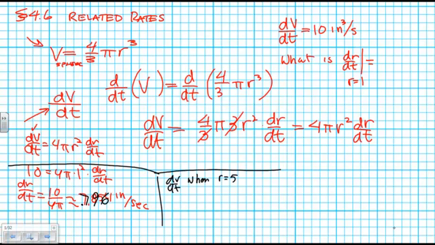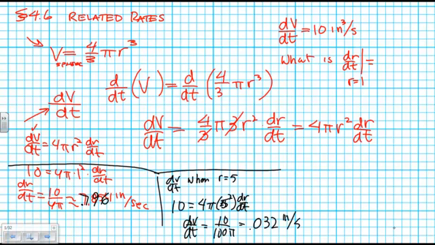How does that problem look? 10 is equal to 4 pi times 5 squared dr/dt, which means that dr/dt is equal to 10 divided by 100 pi. 0.032 units, inches per second.